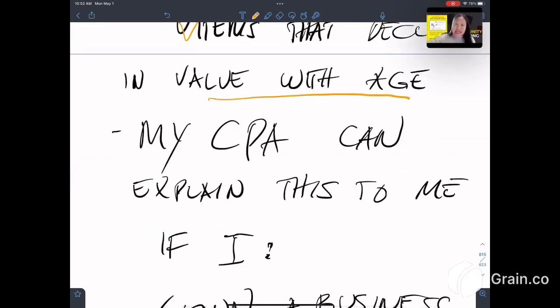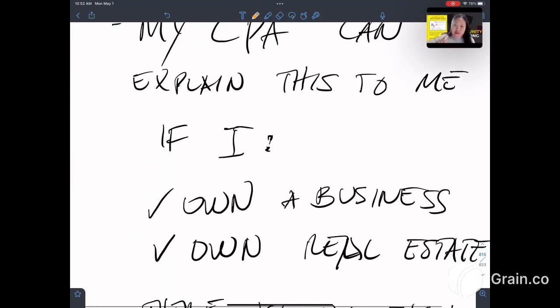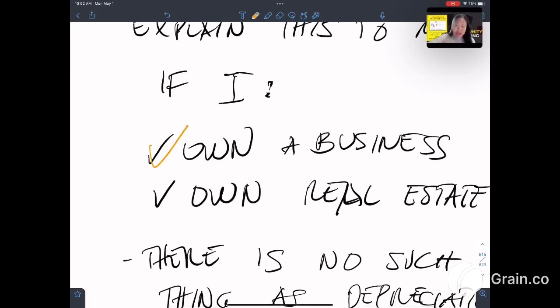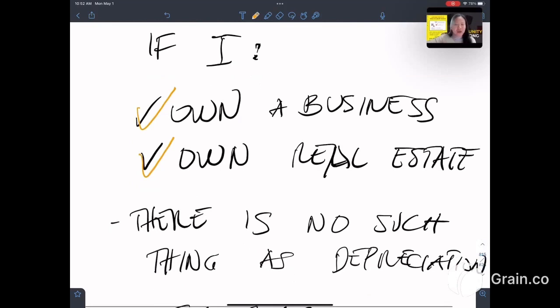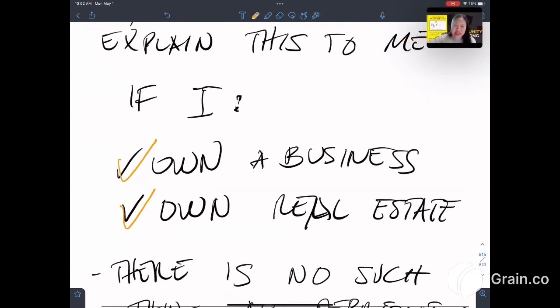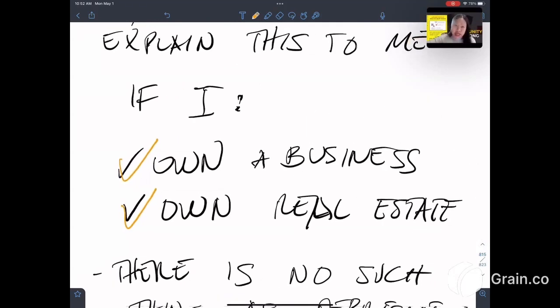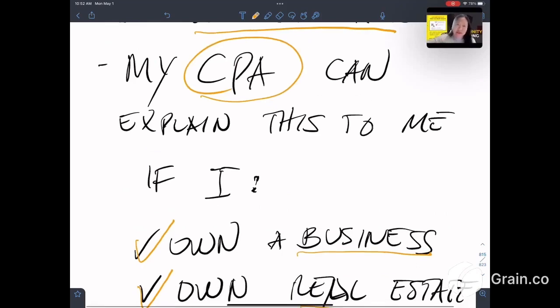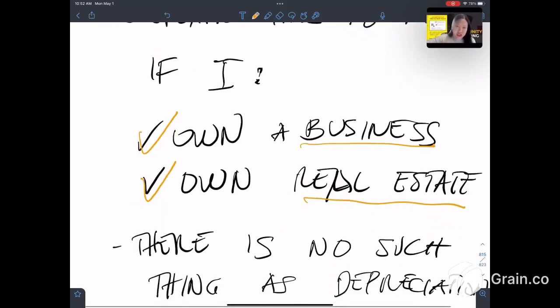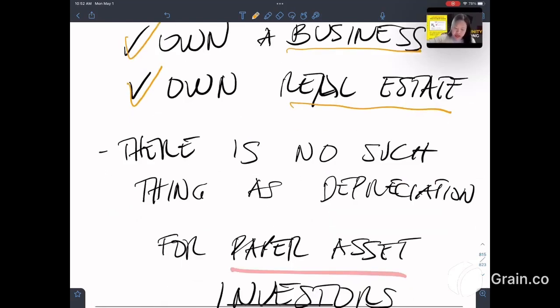My CPA can explain this to me if I own a business, if I own real estate. Now, if I'm an employee, I cannot get this depreciation. I can only get it when I own a business or I own real estate. And this is where you need your CPA, your team. One of your team members is a certified public accountant, or a CPA.